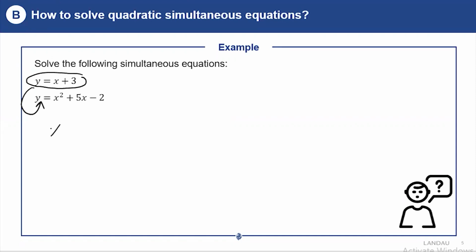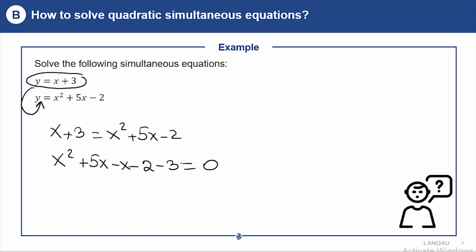So it will be x plus 3 equals x squared plus 5x minus 2. And then if we want to solve this quadratic equation, we will write all terms on one side. So it will be x squared plus 5x minus x minus 2 minus 3 equals 0. X squared plus 4x minus 5 equals 0.